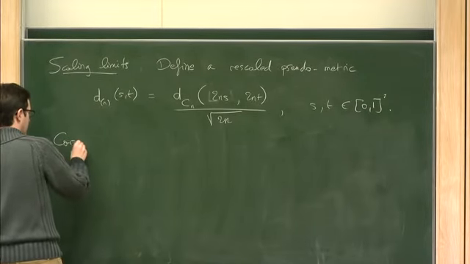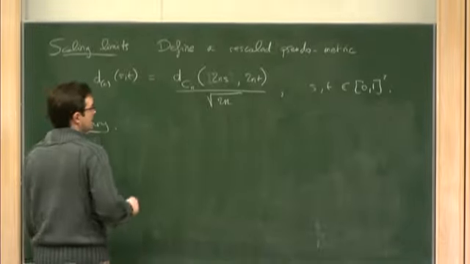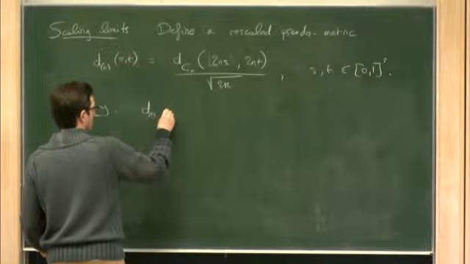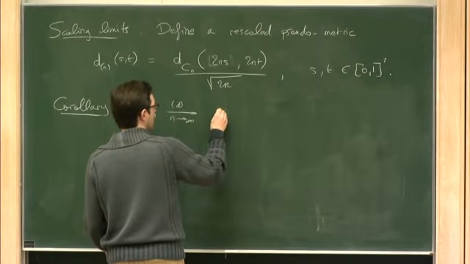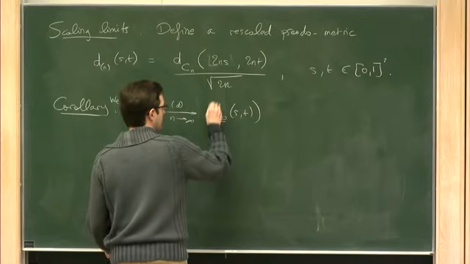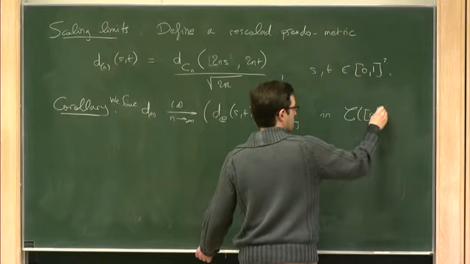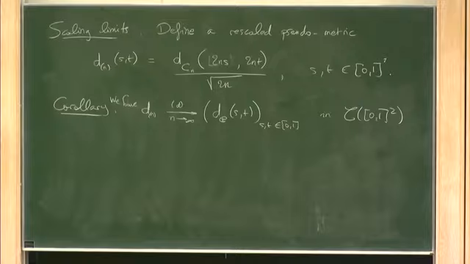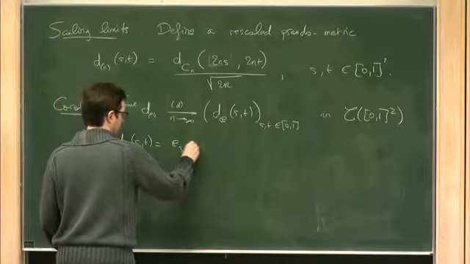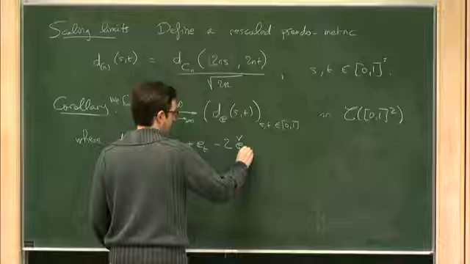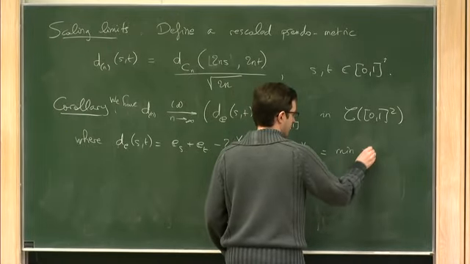And a corollary of the previous theorem is that dn converges in distribution as n goes to infinity to a limiting function that I want to call dE of st. That's in distribution in the set of functions with 2 parameters, s and t, where dE of st is given by E of s plus E of t minus twice the minimum of E between times s and t.